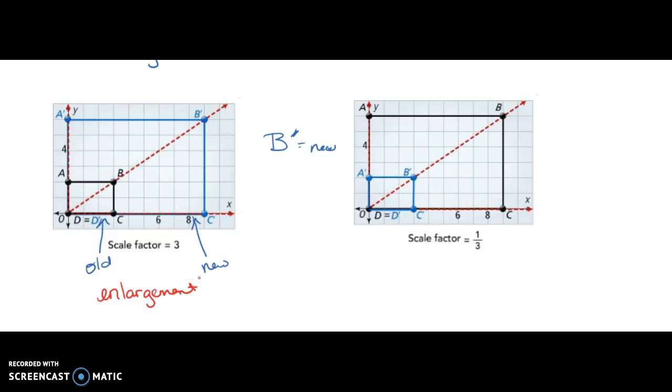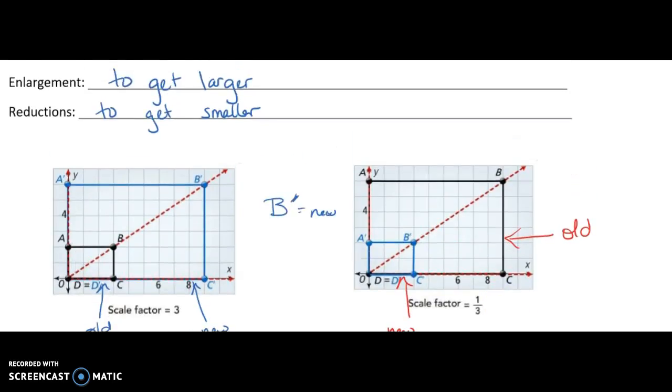This one over here, the second one, is going from this ABC, this black one right here, the old one, to this blue one, the new one. And you notice that this one is a reduction. And you notice that our scale factor is a fraction.